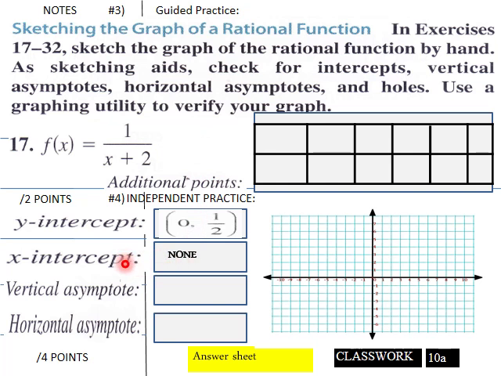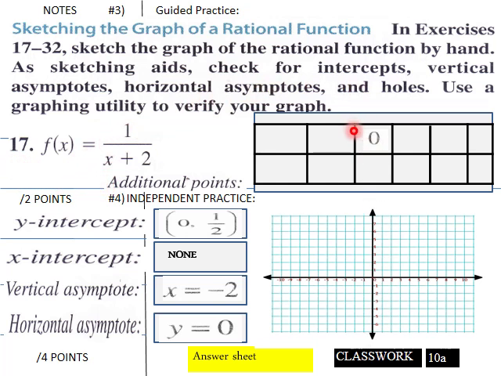Then the x-intercept, there is none. Then the vertical asymptote is x equals 2. Our zeros down here will be at x equals negative 2. And then horizontal asymptote is y equals 0, because again the degree of n is less than the degree of d.